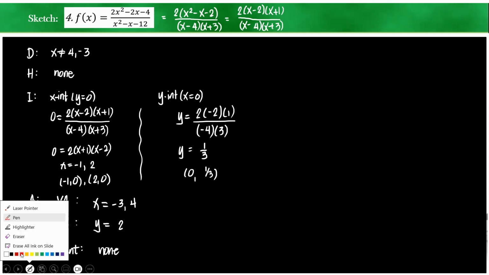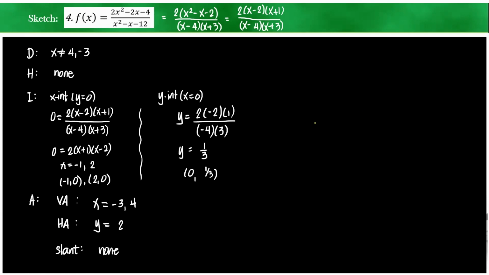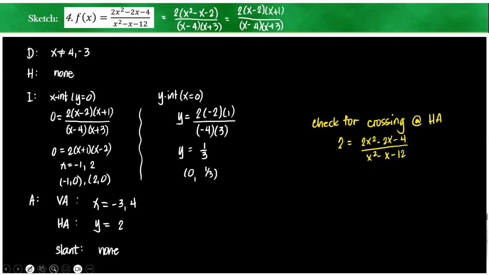So, let's do the checking of crossing. Check for crossing at the horizontal asymptote. So, 2 is your asymptote. Equate the 2, guys, to the equation: 2x squared minus 2x minus 4 all over x squared minus x minus 12.